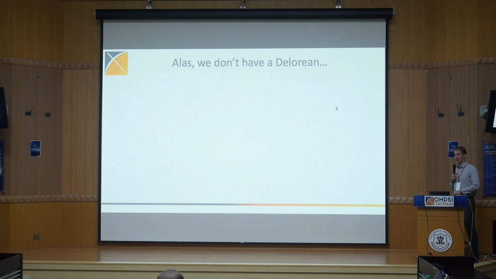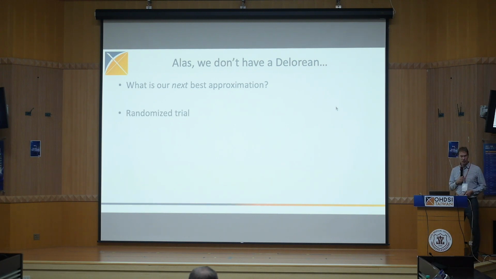But unfortunately, in reality, we do not have a time machine. So how do we actually know or try to infer causality? Well, the next best approximation, still just an approximation, is randomized trials. People think of them as really the best thing ever, but they're just an approximation of what we really want, which is the time machine.